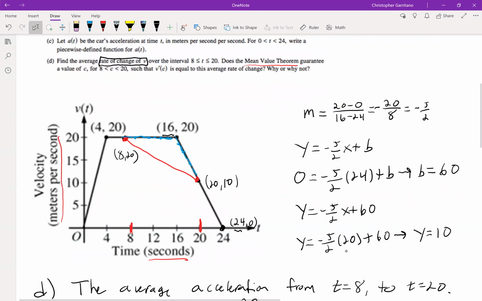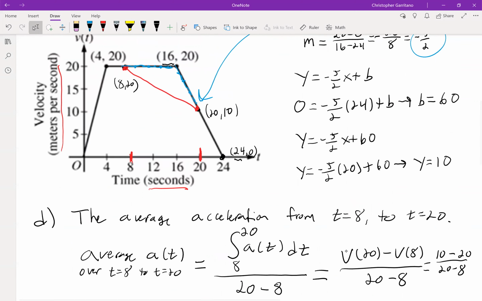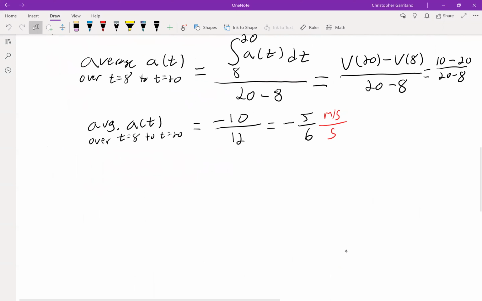That being the slope of this line. So you can see just by analyzing that, no, there won't be any tangent line within this interval that has a slope equal to -5/6. But how do we argue that officially?